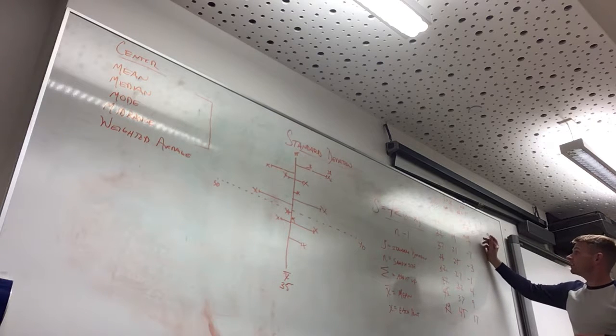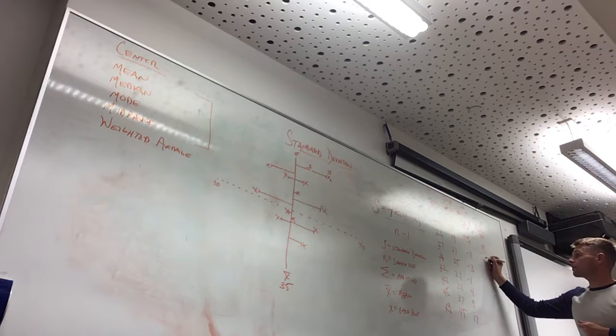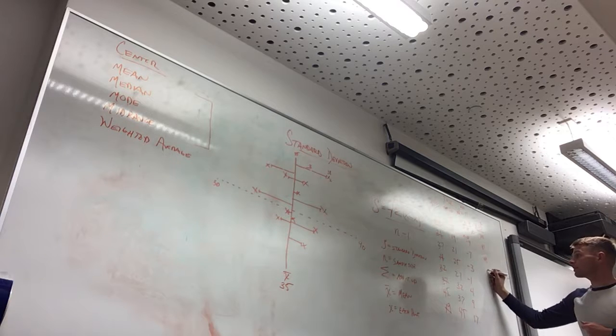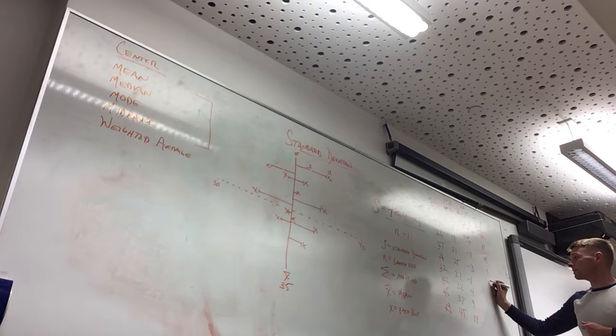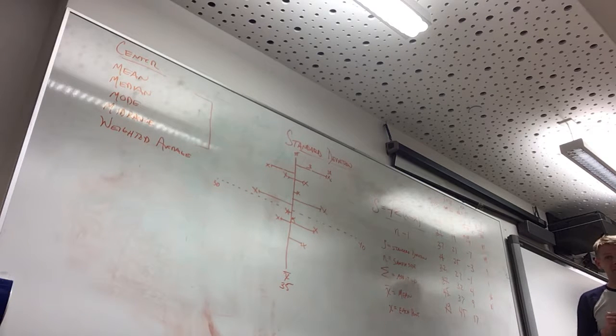So negative 10 squared is 100. Negative 9 squared is 81. Negative 7 squared is 49. Negative 3 squared is 9. Negative 1 squared is 1, 4 squared is 16, 9 squared is 81, and I have to look up 17 squared.